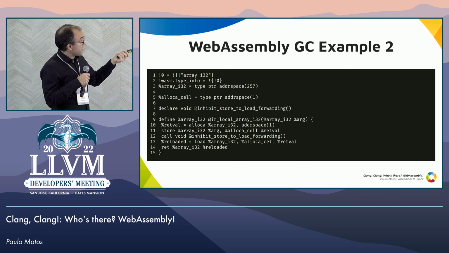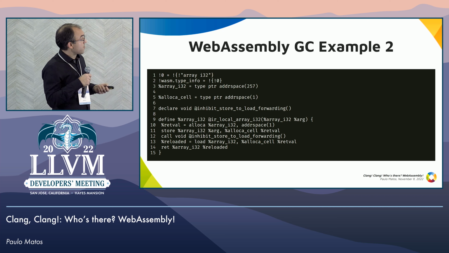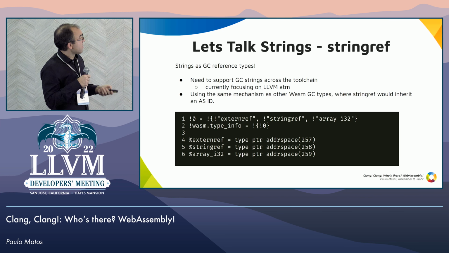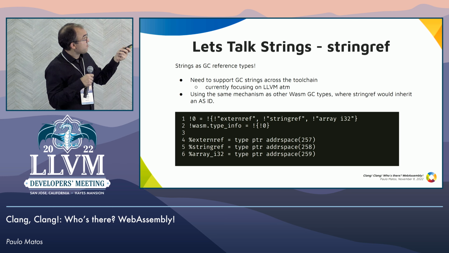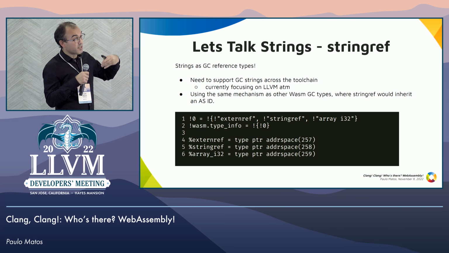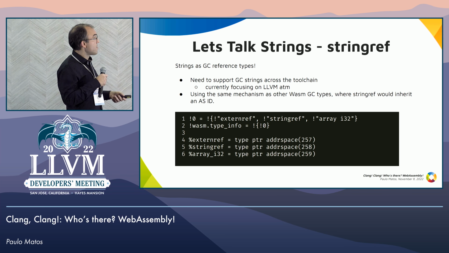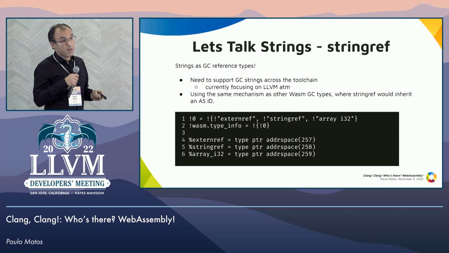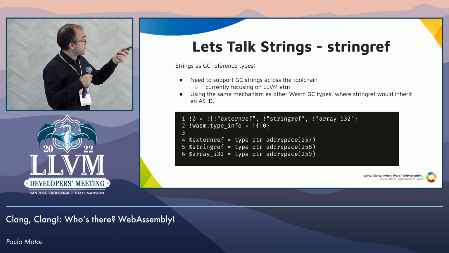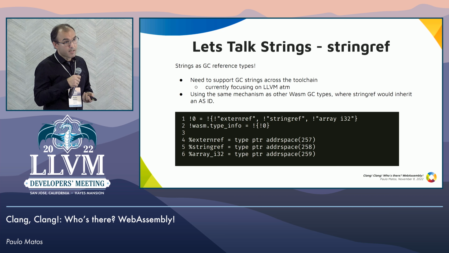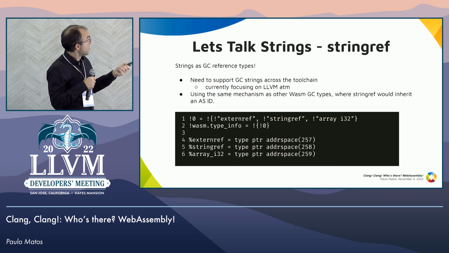There's another example, I'll just skip it because we're reaching the end of time. And the last thing that I wanted to mention is that there's also string refs, which is another proposal that we want to support, which are basically garbage collected strings from the host system. But these will introduce no issues because we can reuse the same type of solution that we had before.